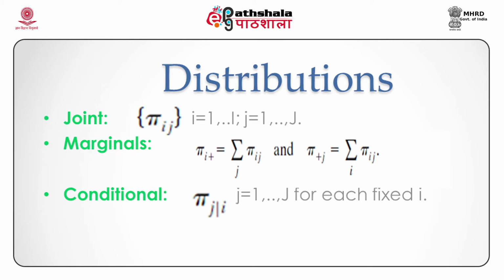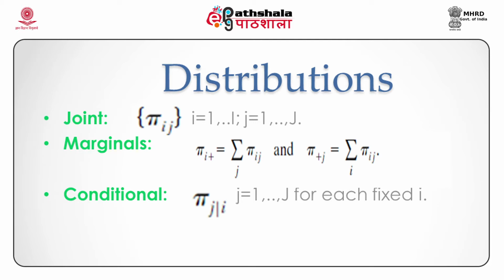We could ignore one of the sources of classification, that is, we could either ignore the rows or the columns and sum over them and get the marginal distributions. The marginal distributions are specified by pi i plus equal to summation over j of pi ij, which is summed over the columns and gives the marginal distribution across the rows. Of course, summation of pi i plus over i is equal to 1.